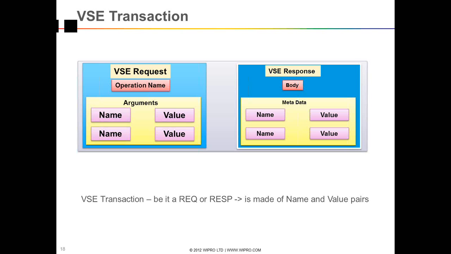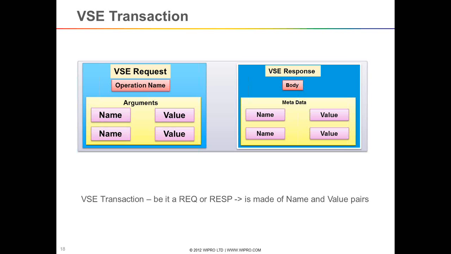For example, state name is equal to California, country is equal to United States. So it has an operation name, for example get pin code or get zip code, and the name and value combinations are arguments, like state is equal to California, country is equal to United States. I'm sure you should be able to understand that positioning.